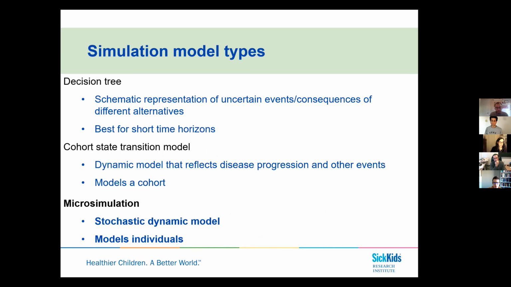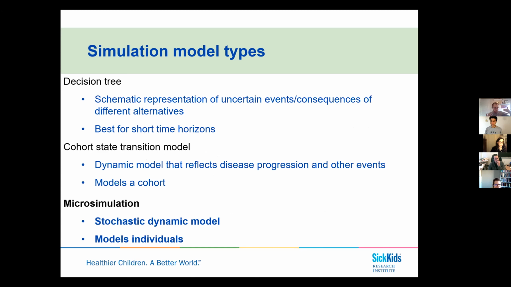So there are different types of these simulation models. I'm not going to go into detail on what these different types are, but I will focus on the last one, which is called a microsimulation. You can think of it as a simulation reproducing a hypothetical population, where you follow this population over time and watch them transition between states, experiencing events.